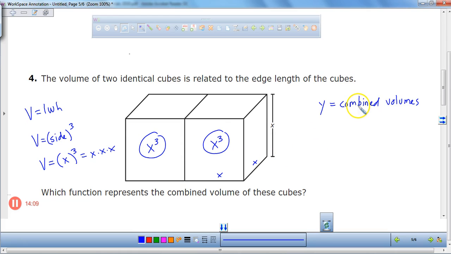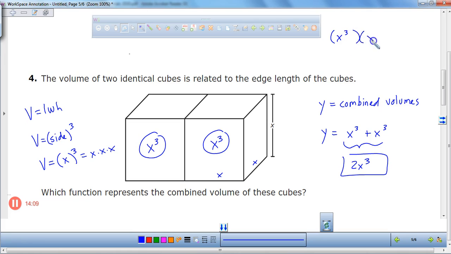If I wanted to find the combined volumes of both cubes, then y would equal x cubed plus x cubed. But because they're like terms, you have a total of 2x cubed. Number one mistake students make is they combine it incorrectly. They multiply instead of just adding them together.